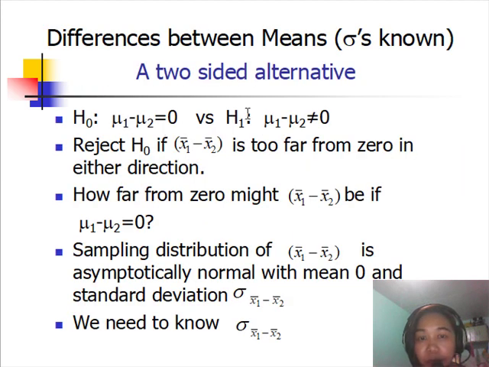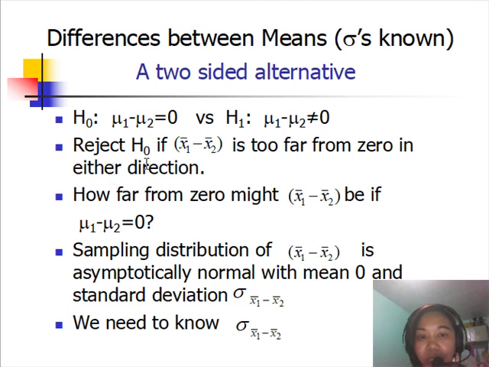This is a two-sided alternative, or the one that we call a two-tailed test. For the purpose of our discussion, we will set delta equal to 0. So we say that the difference between mu sub 1 and mu sub 2 equals 0 against the alternative that it is not equal to 0.